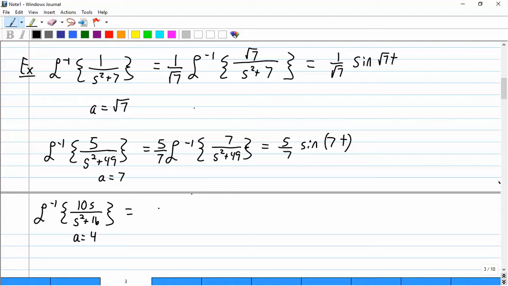If I bring the 10 out in front, like this, then that'll be 10 times the cosine of what? 4t. Because your a is 4. So it is important that we always figure out what our a is equal to.